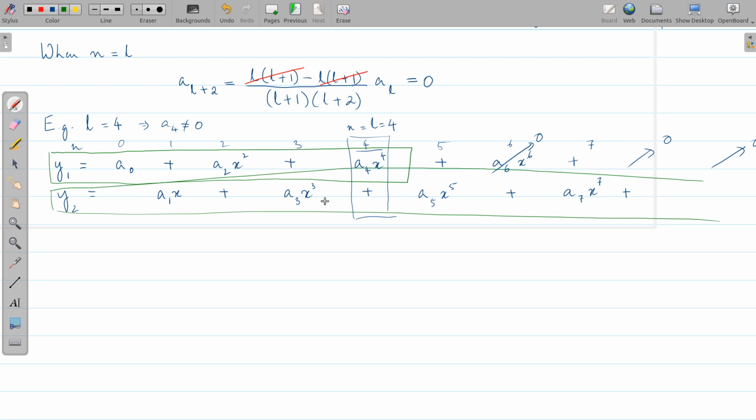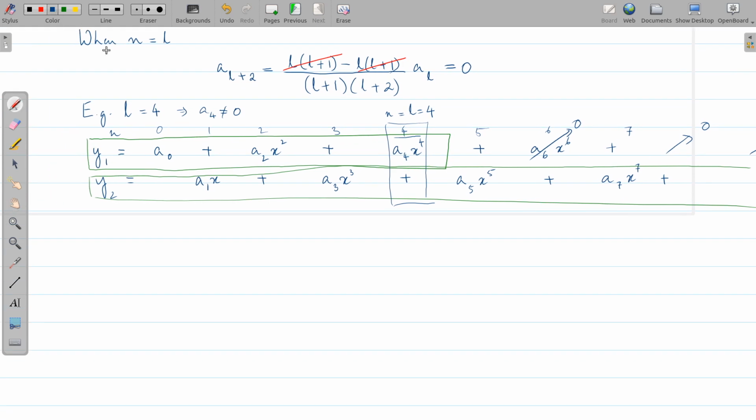Y2 is still an infinite series. So therefore y1 is no longer an infinite series. What does y1 become if it's no longer an infinite series?